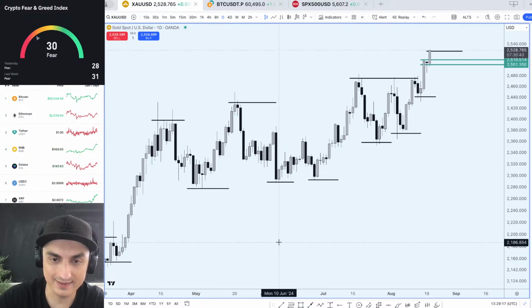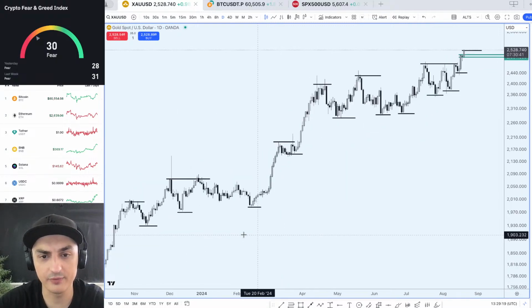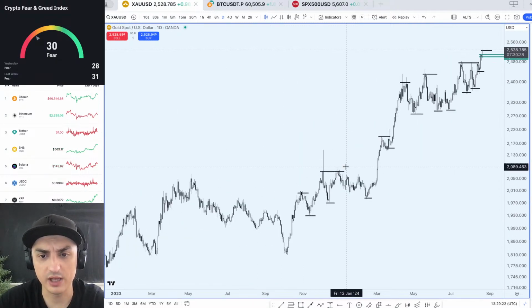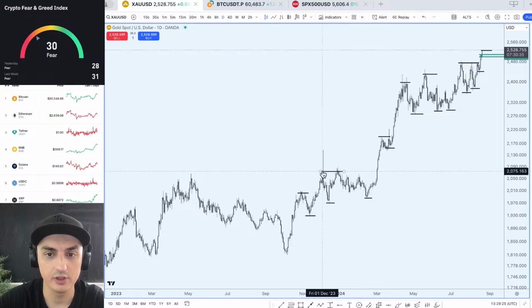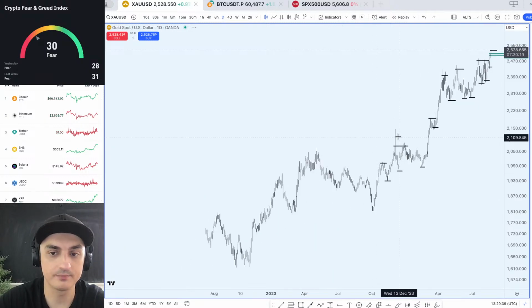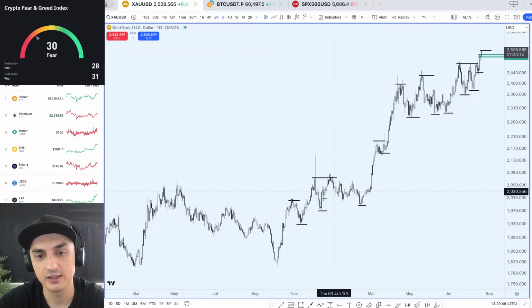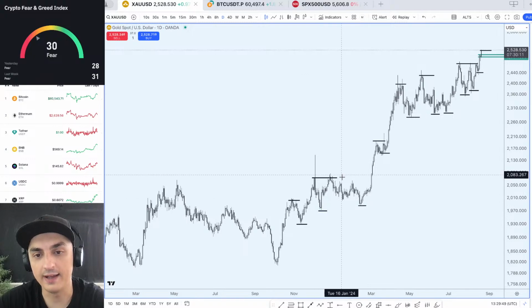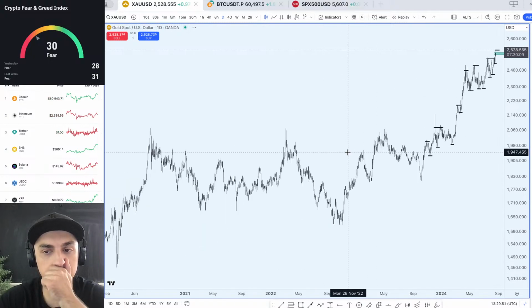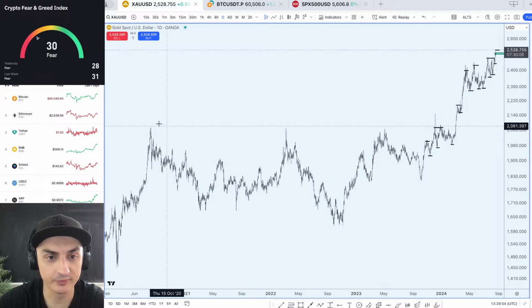Sometimes it impacts the market a lot. For example, when we got the breakout from 2000, at first we got a quick shot to the upside, and then the market just didn't accept these levels and jumped down from the 2000s.